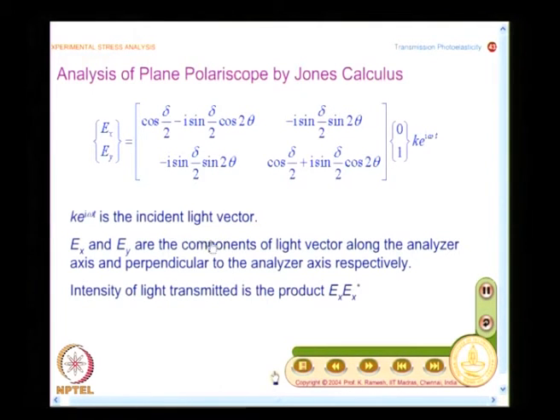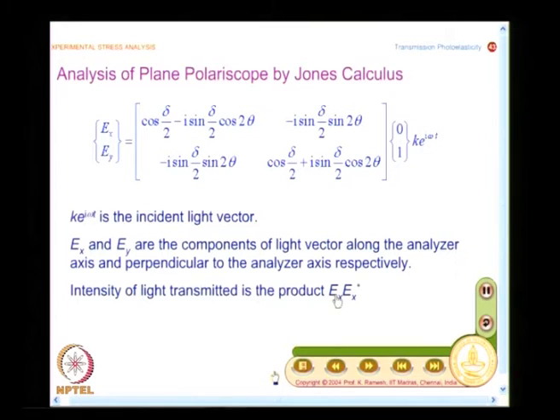So, what I have here is k e power i omega t, the incident light vector. Ex and Ey are components of the light vector along the analyzer axis and perpendicular to the analyzer axis respectively, and the intensity of light transmitted is simply Ex into Ex star, where Ex star is the complex conjugate.